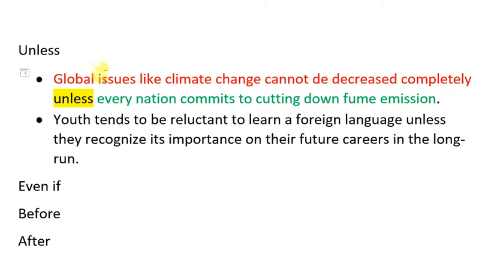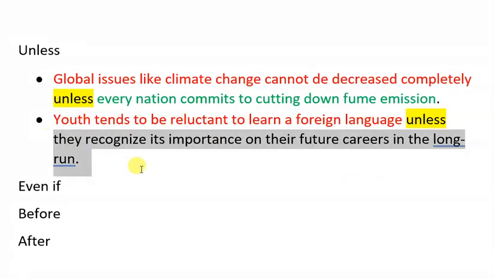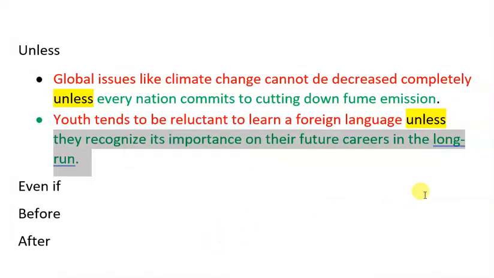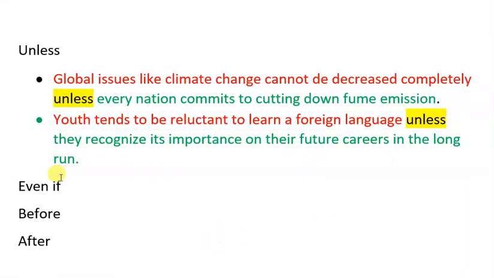Okay, so unless, this is the conjunction, then independent and dependent clause. Okay, so any question up to now?